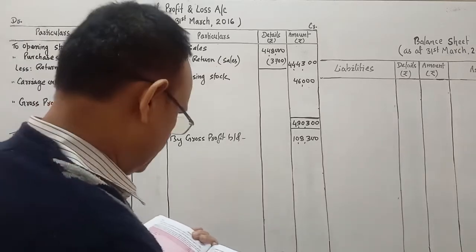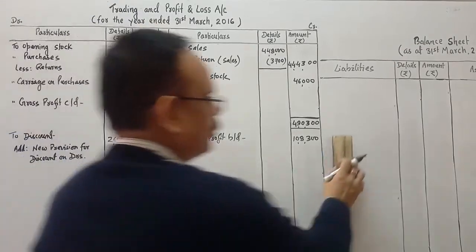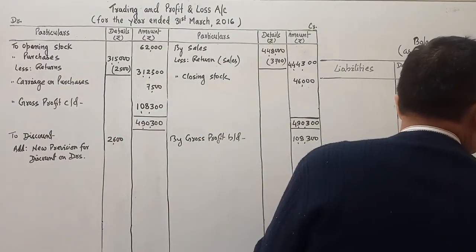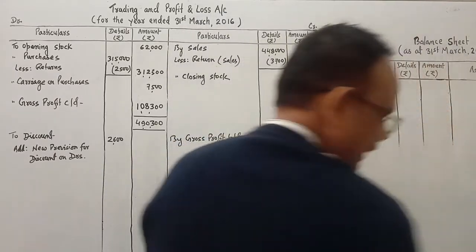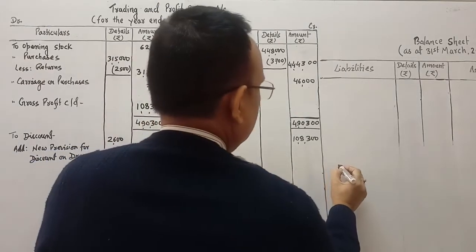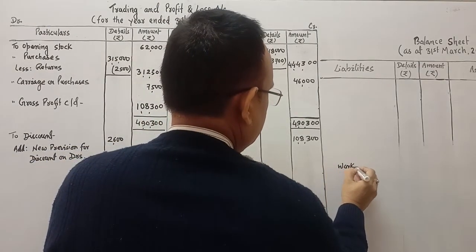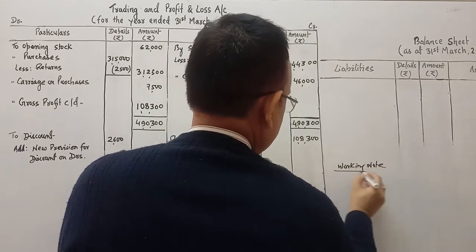You see, debtors is how much? I am going to do the working note over here, this side, working note.